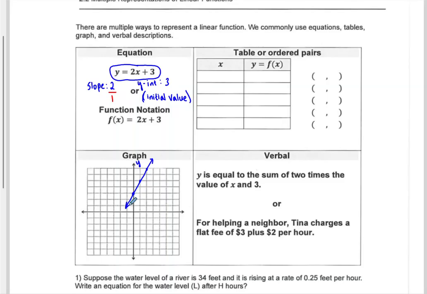I can extend it out a little bit more right here. I'm just making the same distance, and then so on. So you have an equation, and our favorite type of equation is y equals mx plus b.